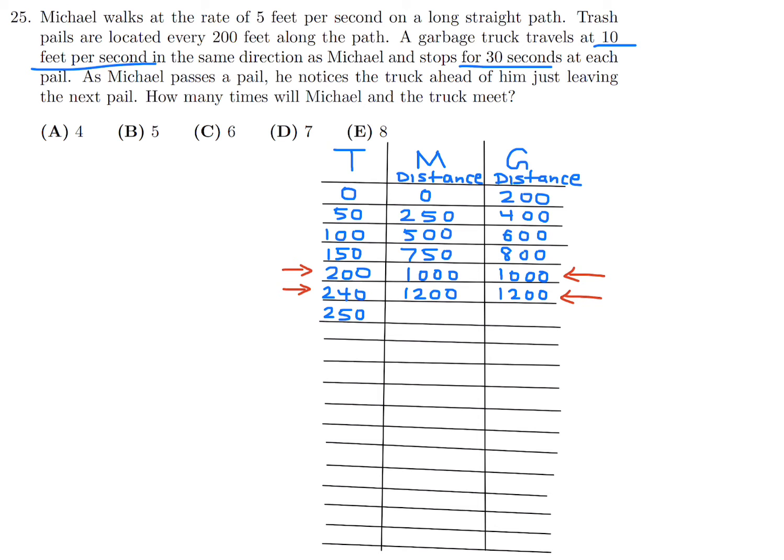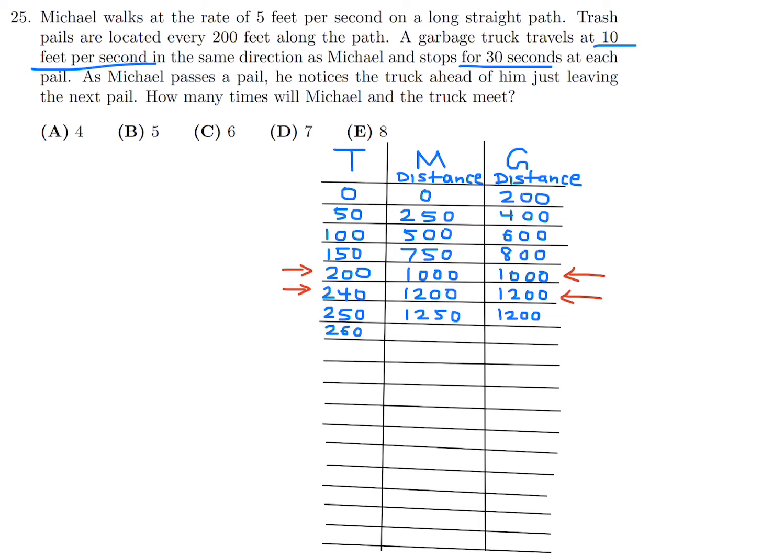Now let's just say the 251, which is our standard interval. What happens? Well, Michael's at 1250 now. The garbage truck is still at 1200. Why? Because remember, it stops for 30 seconds. Okay? So far, so good. Now we have to go very slowly in terms of our intervals because they're very close together.